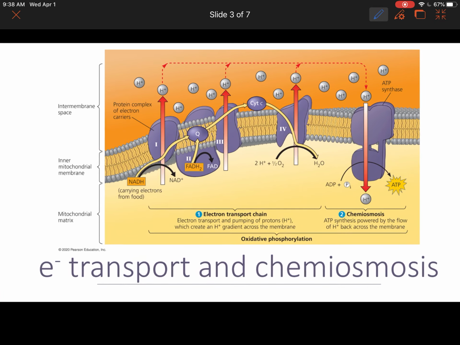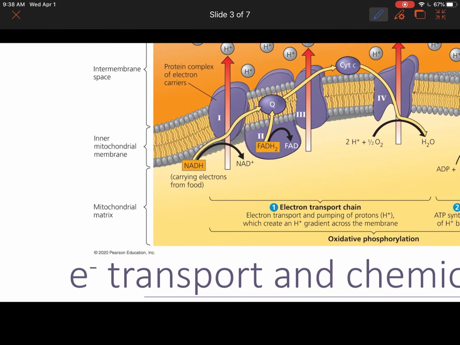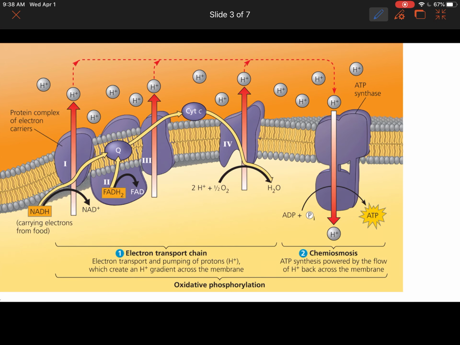Okay, so let's orient ourselves a little bit in this figure. The light yellow part is the mitochondria matrix. This is the phospholipid bilayer, the inner membrane, and then this orange part up here is the intermembrane space.